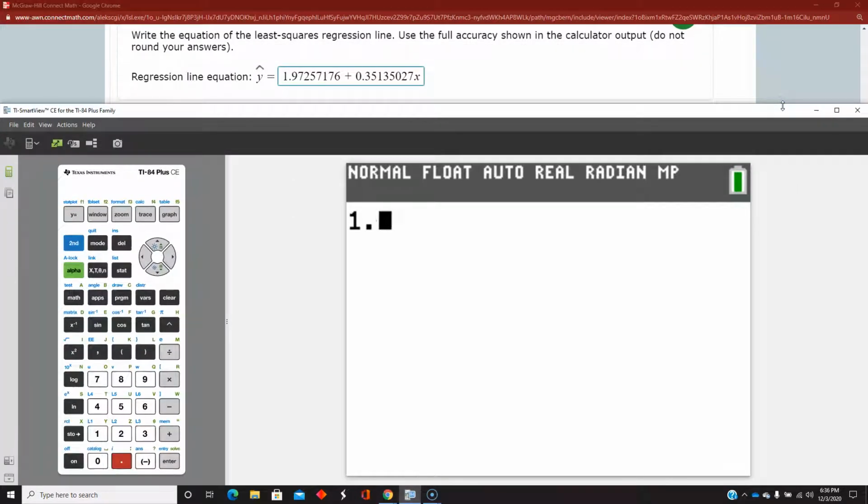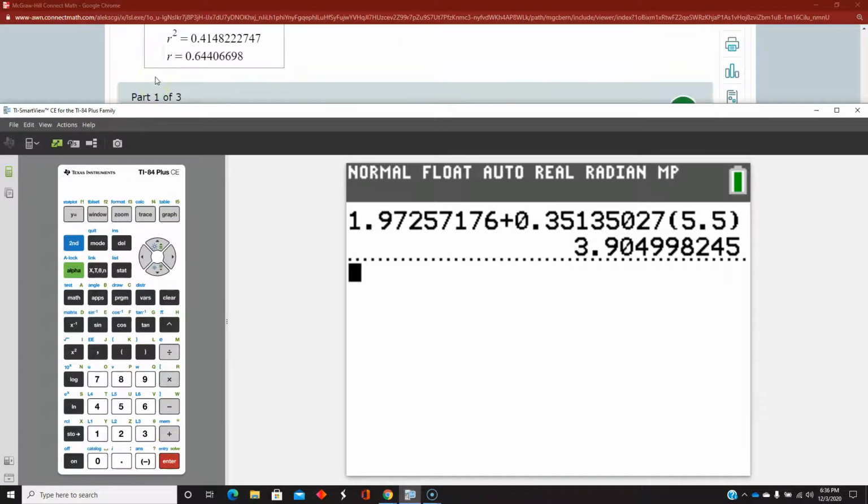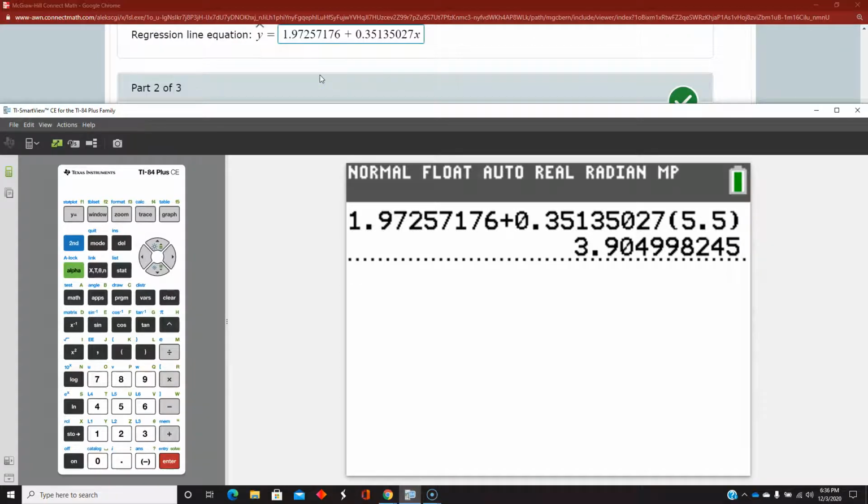So 1.97257176 plus 0.35135027 times the value of x that they gave us, which is 5.5. So if x is 5.5, x is the prime interest rate, and y is the price of a stock. So if x is 5.5, the price of the stock is 3.9.